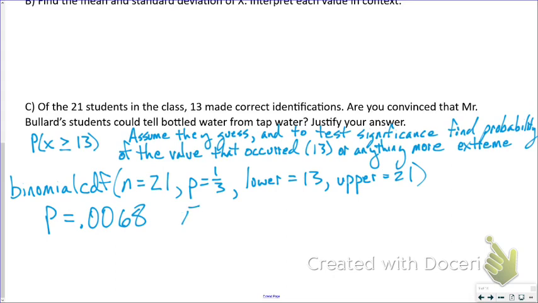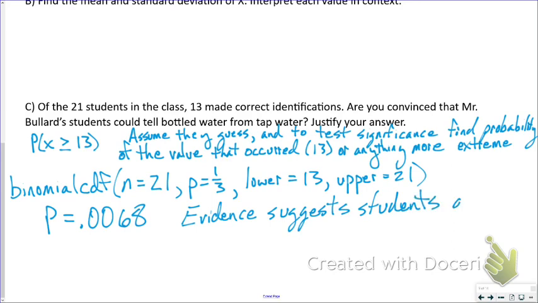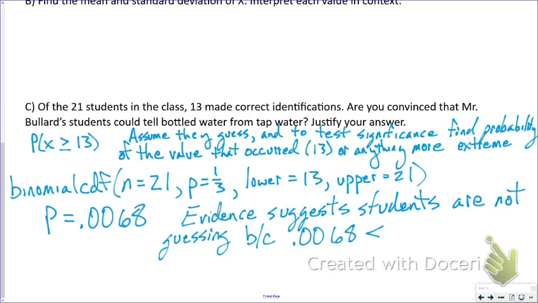So this means evidence suggests students are not guessing. I think the bell's about to ring. And this is because 0.0068 is less than 0.05.